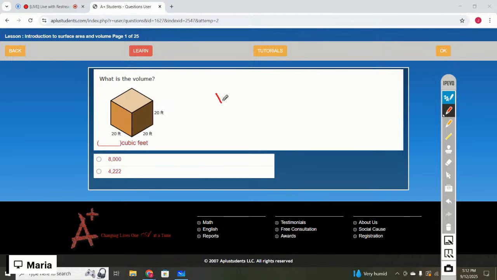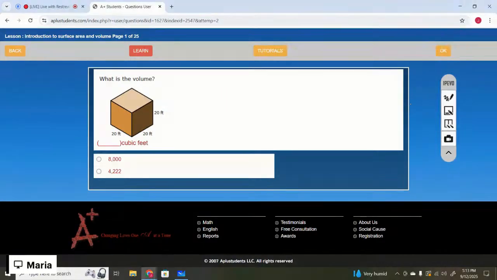So volume of the cube is side times side times side. 20 times 20 times 20. So the correct option is 8,000. Option number 1 is the correct option.